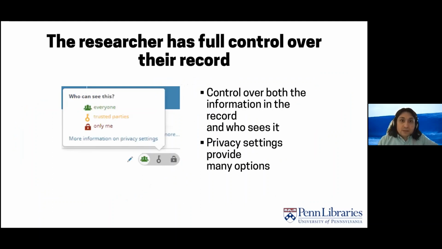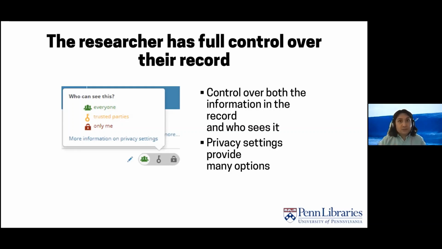Okay. One of the main characteristics of an ORCiD record is that you have full control over what information you put out there for people to see. For each of the objects in your profile, you can control who sees it. You can make it completely public so anybody on the internet can go and see it. You can have it so only trusted parties can see the information, either read and/or write.